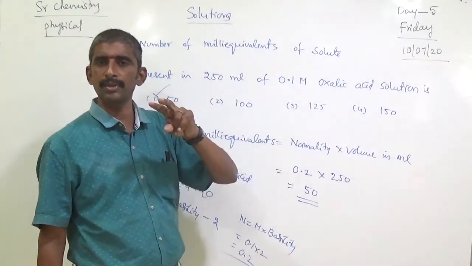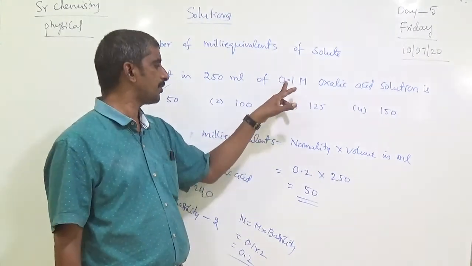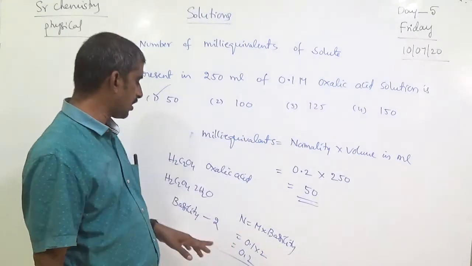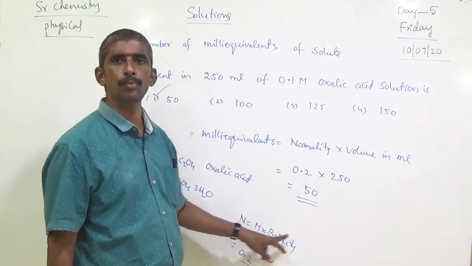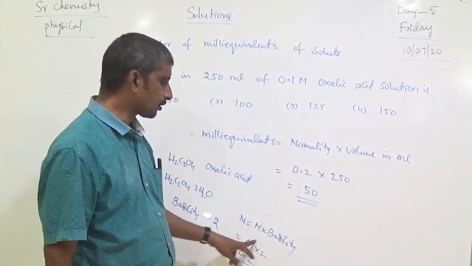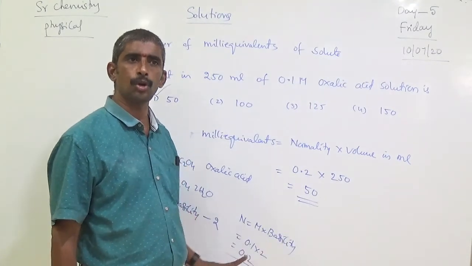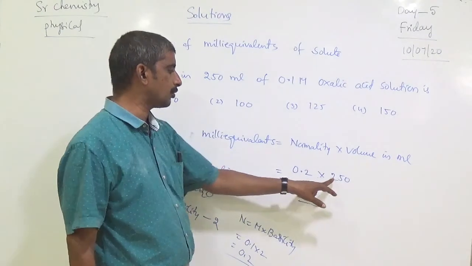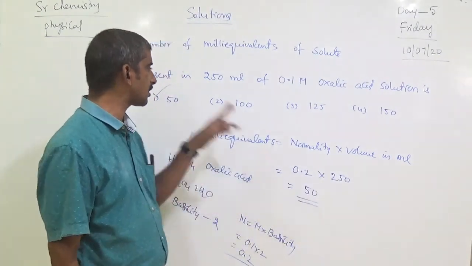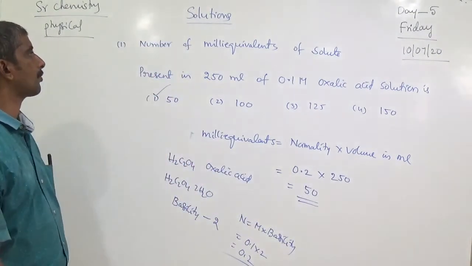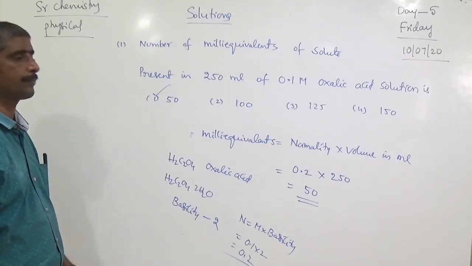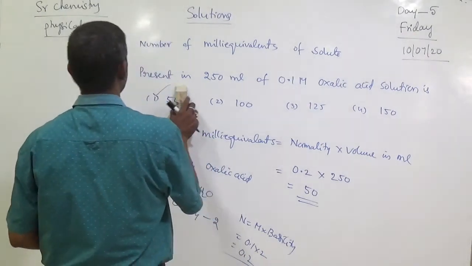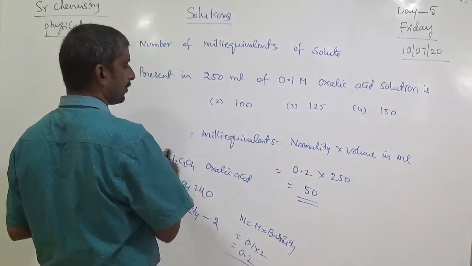We know the relation between normality and molarity: oxalic acid is a dibasic acid, so normality equals molarity into basicity, 0.1 into 2, 0.2. So 0.2 normality and 250 ml volume gives the answer 50. That is one of the problems, the number of milli equivalents of solute. Okay, next another one.